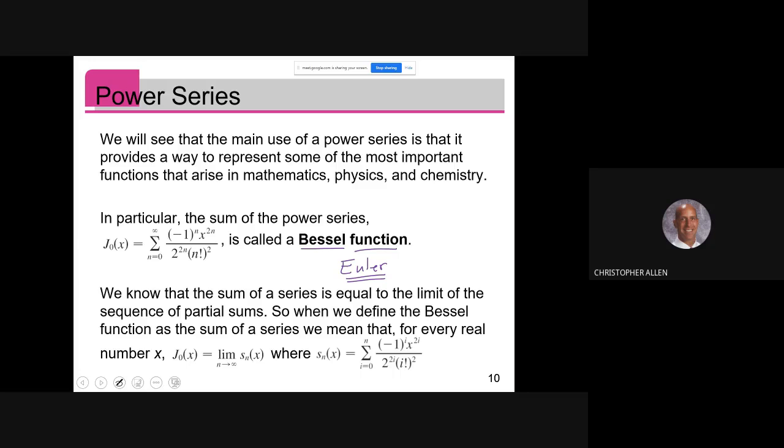A couple of things that come up in the real world about the Bessel function are acoustical radiation, dynamics of floating bodies, and probability density functions. Is anybody in AP stats in here by chance? Have they mentioned probability density functions?